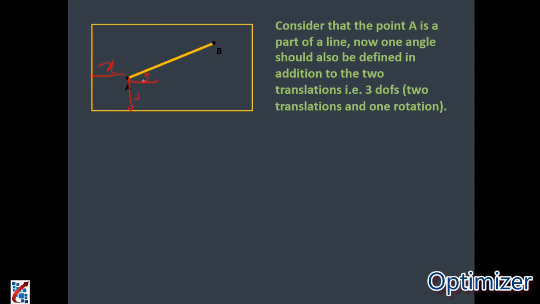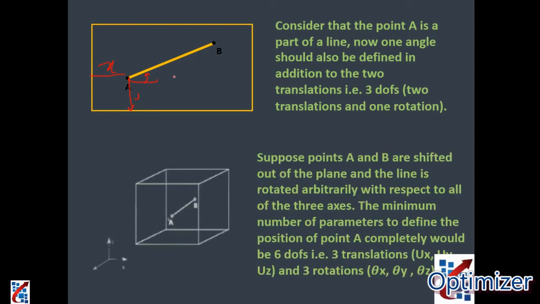So a total of 3 entities are required to describe this line in space. Therefore the degree of freedom for this line is 3, that is 2 translations and 1 rotation. Translation means distance and rotation means angle. So this is 2D.